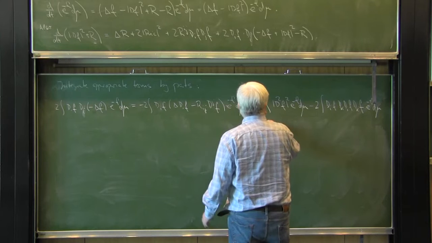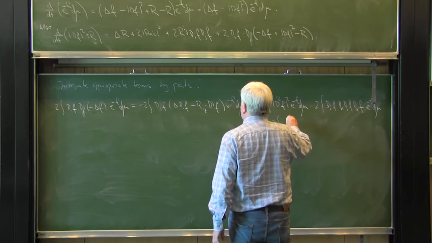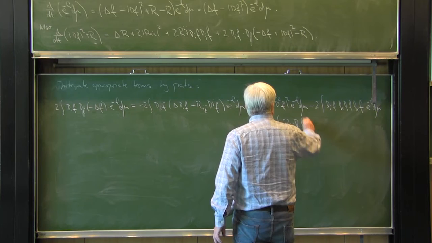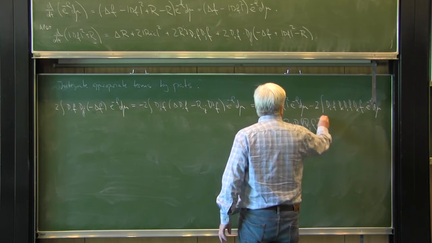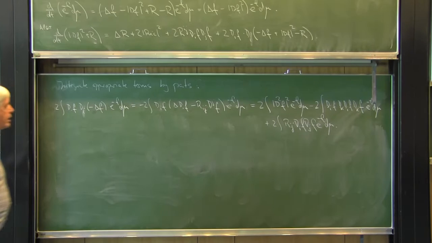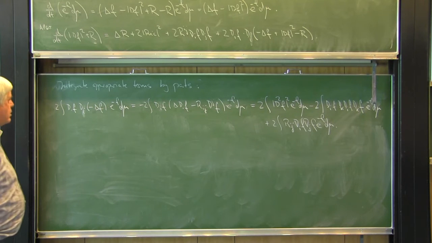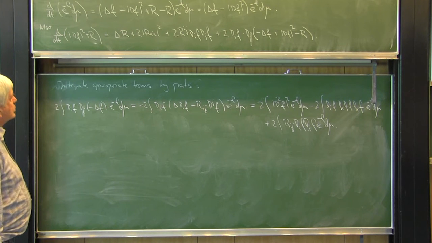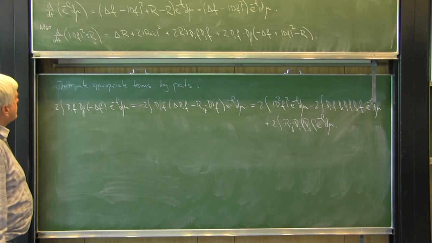So we have plus 2 times the Ricci curvature ∇_i f ∇_j f e to the minus f dμ. And minus is plus, right? And so you got 4 of them altogether.